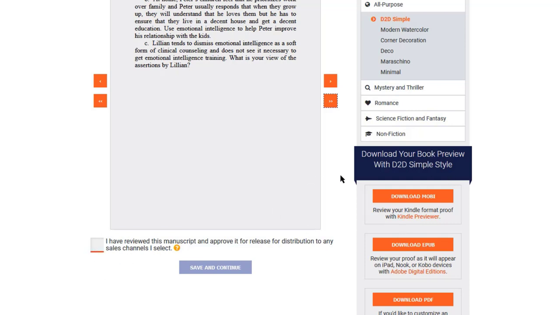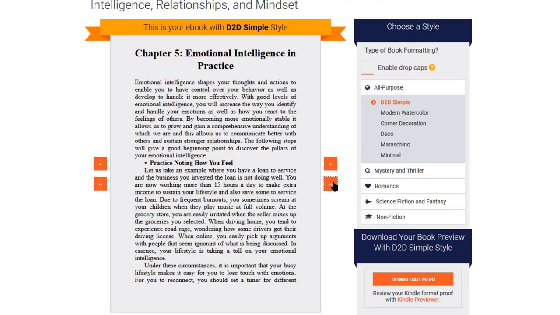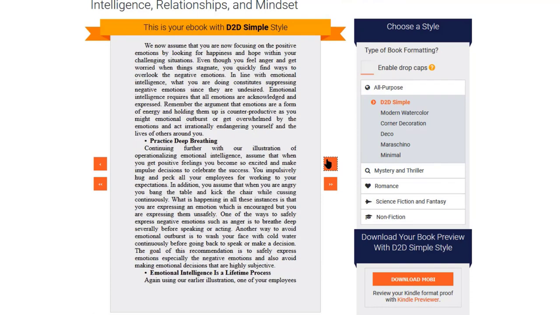You would download them here, and if you wanted to go forward, I have reviewed and approved for release. Now, I'm not going to publish this book today on the platform, but it does come out with a very decent finished product, and it took just a couple minutes.